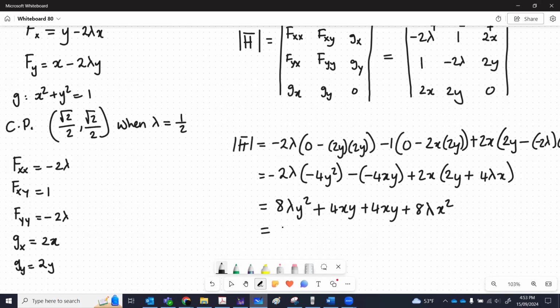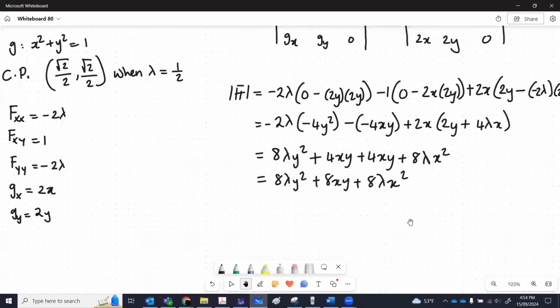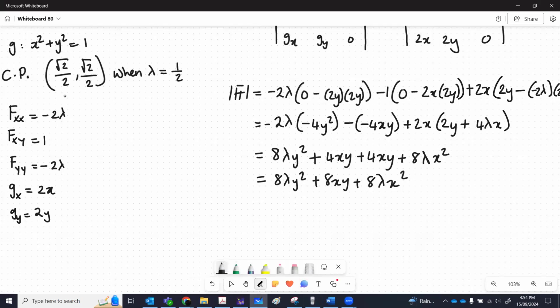So we have 8 lambda y squared plus 8xy plus 8 lambda x squared. All right, then we just need to substitute our values of x, y, and lambda. So this is x, this is y, and this is lambda.